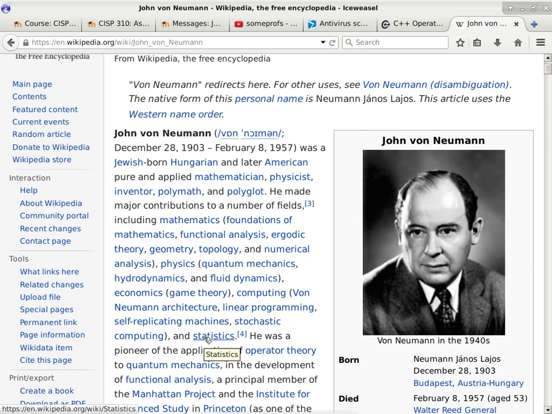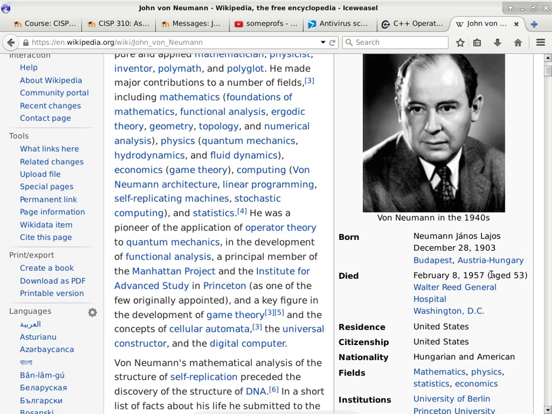Unfortunately, the guy passed away pretty early too. Well, he actually passed away quite a bit older compared to Turing. Alan Turing passed away, or allegedly committed suicide, when he was in his 40s, about 40 years old.